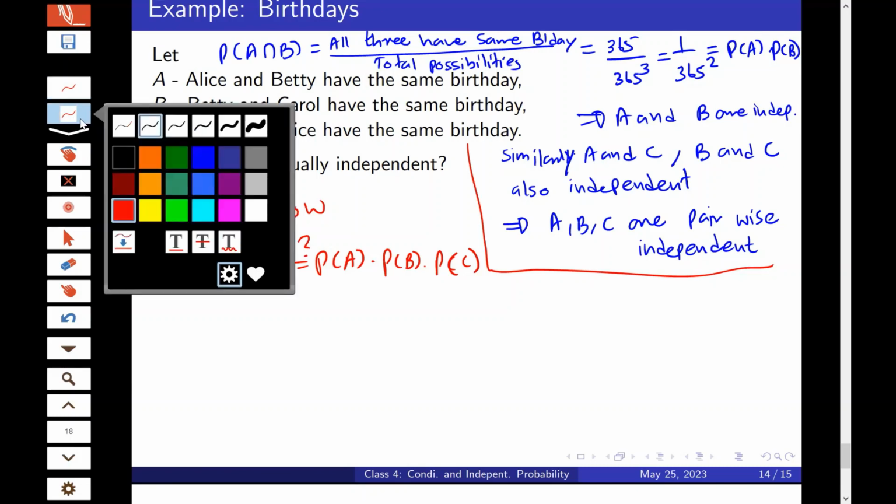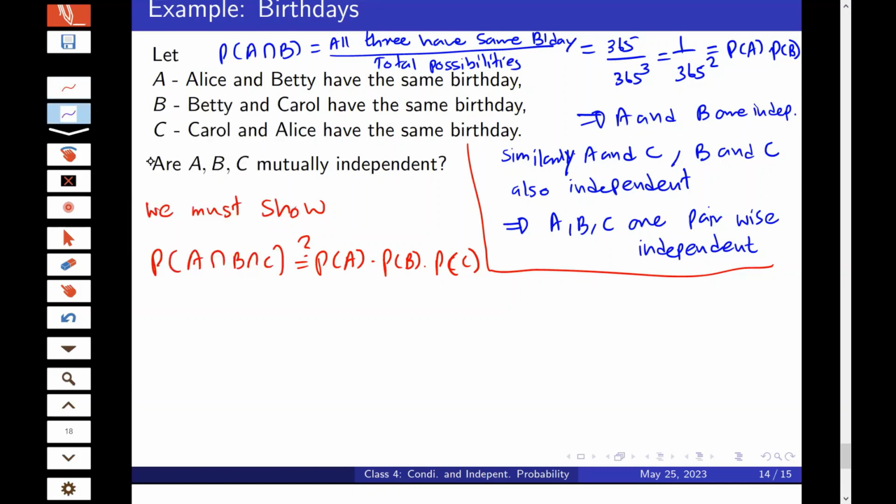According to this definition of ABC, we don't need to worry about P(A), P(B), P(C) because we have already found those. We have to find this probability. A intersection B intersection C means all three have the same birthday.